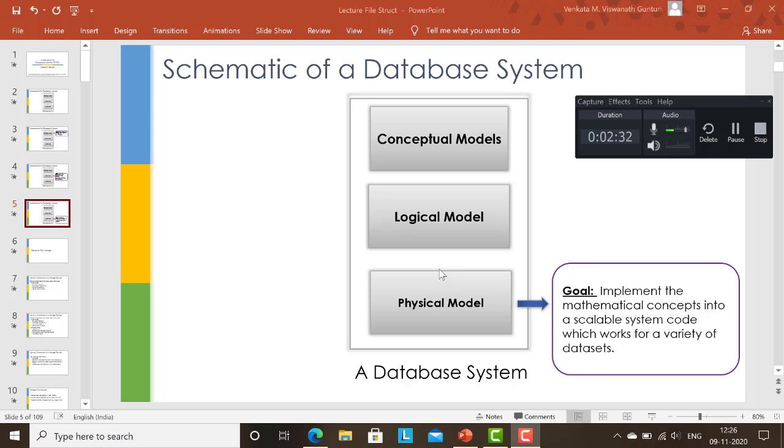And after this, in the next set of videos, we are going to cover indexing structures for database systems, right? So whenever you have a select query, let's say select star from employee where employee.salary is greater than 1000, right?